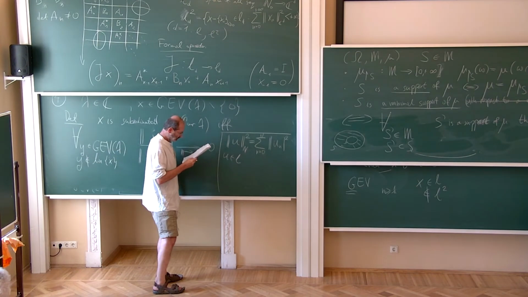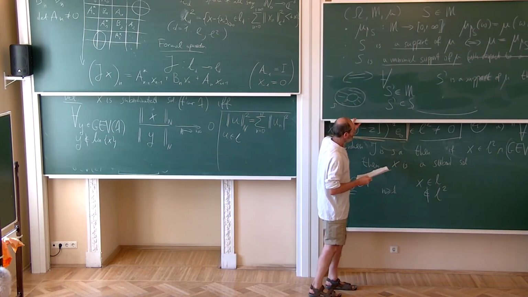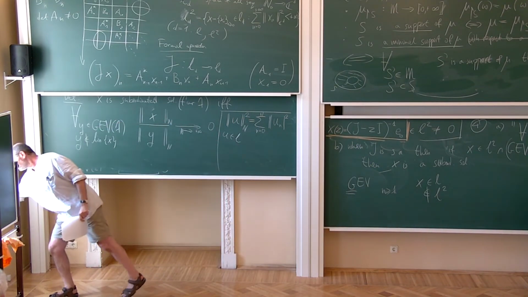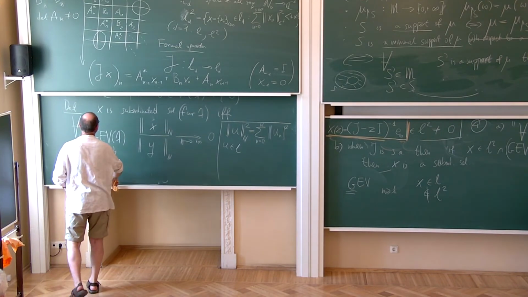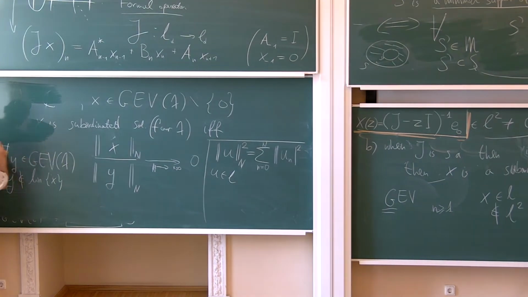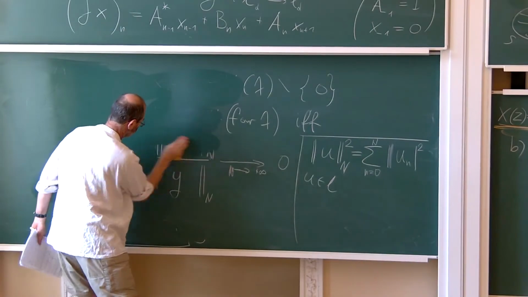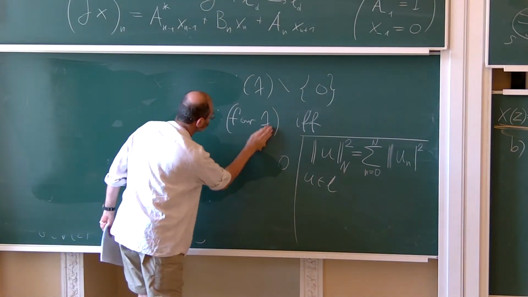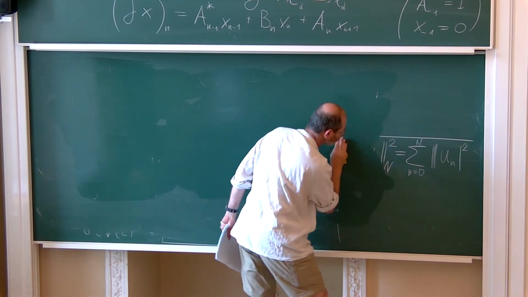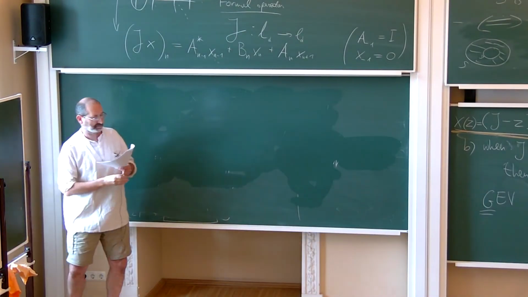And now I would like only to recall that when we assume that our Jacobi matrix is self-adjoint, then we have a spectral measure for it, which is a projection valued spectral measure.